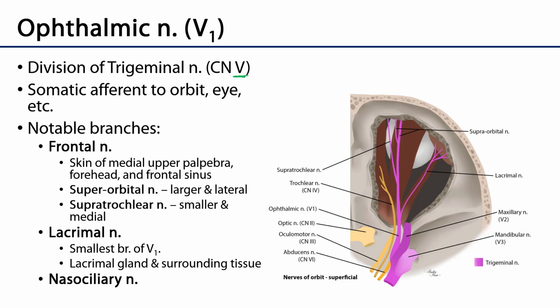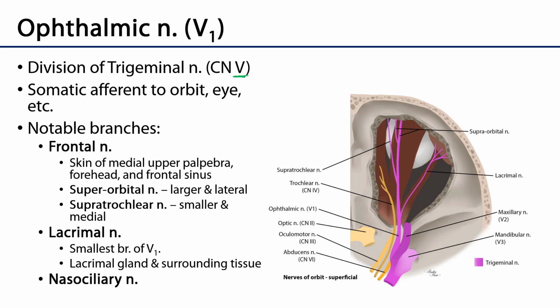V1 and V2 are entirely sensory. V3 is mixed. And so the ophthalmic nerve and all of its nerves that branch from it will be afferent in nature. It's going to be somatic afferent from the orbit, the eye, and surrounding areas.